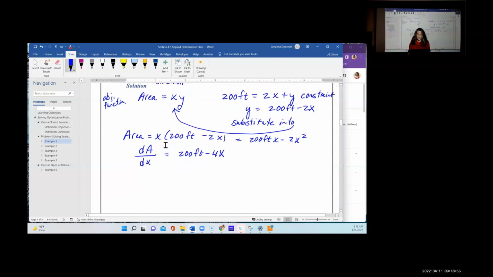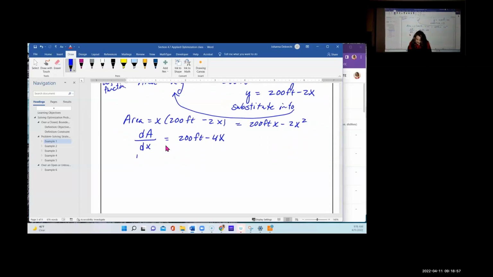Now, critical points come in two varieties. So when we look at critical points, we get either the first derivative is 0, or we get the first derivative does not exist, but it's in the domain of the function. In other words, the function does exist.